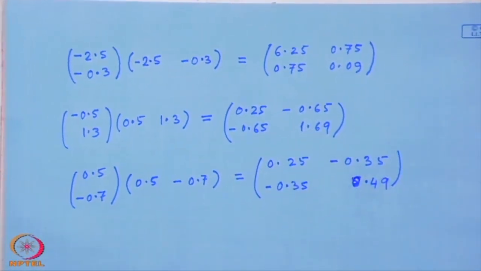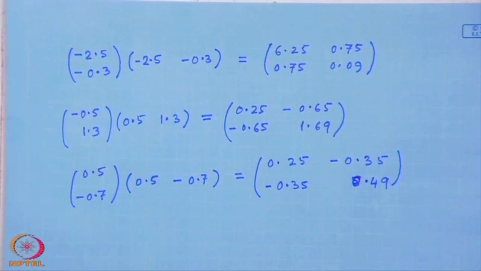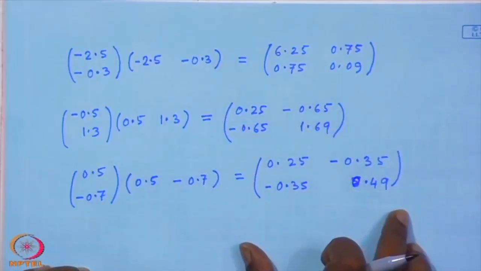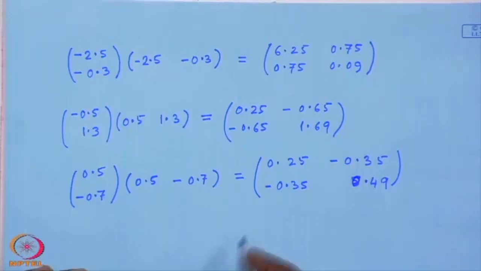So, this is my third matrix, and this way I can compute all the matrices. Once I have shown how to compute individual matrices x minus mu into x minus mu transpose, this can be done for all the vectors x minus mu, and I can get similar such matrices. As I have 10 different vectors, I will have 10 such matrices. So, let us put those 10 matrices one by one.